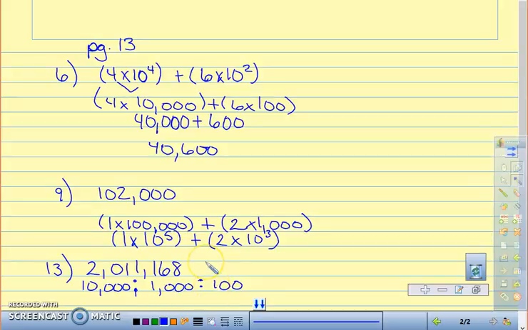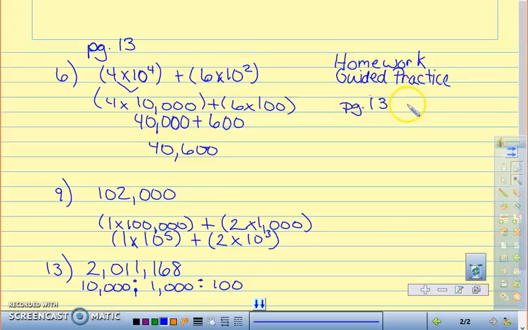Okay, I hope that is clear to you. Remember, you always need to try your questions before you just skip over them. Your homework today, and I'll write it up here, is guided practice on page 13, and we are doing 1 through 3.